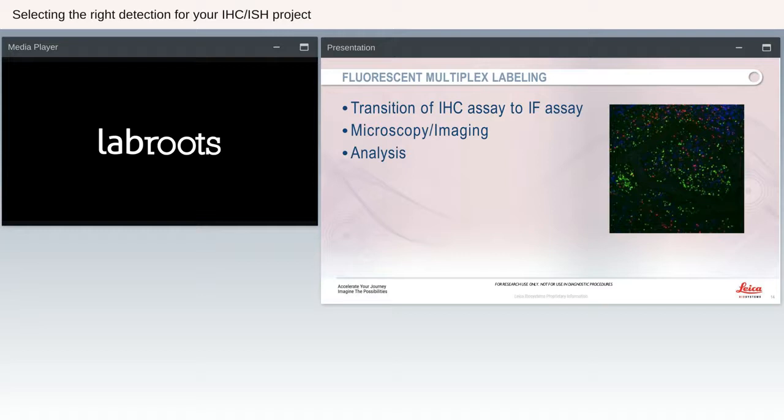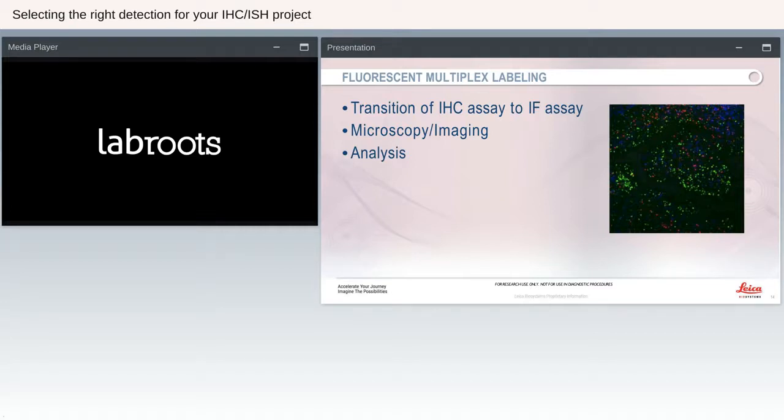And there were some processes involved that were quicker with the IF. The chromogenic development was not a consideration, so some things went a little more smoothly, but in the entirety of the development, it still took about a month to transition to this IF assay from the original IHC assay.